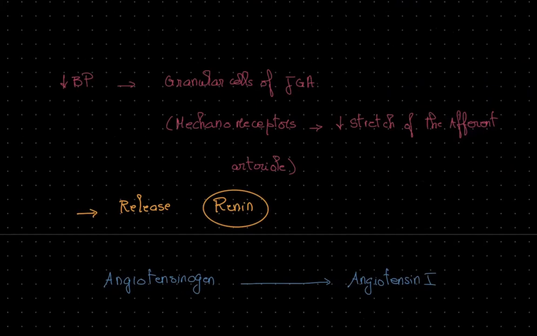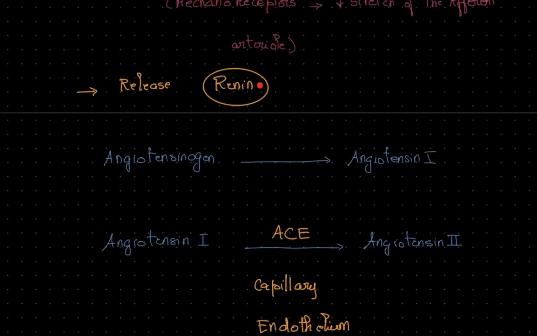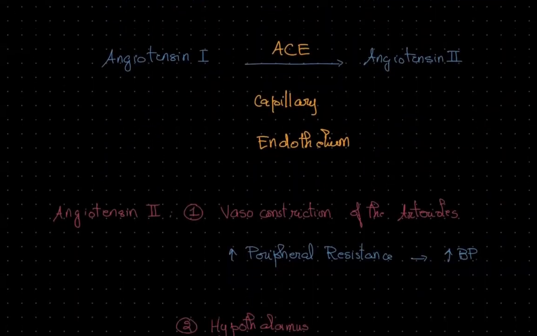This means for me, I have a low blood pressure. So the cells will be activated to release renin. Renin converts angiotensinogen that is normally circulating in your blood into angiotensin 1. Angiotensin 1 gets converted into angiotensin 2 by the angiotensin converting enzyme located in the capillary endothelium.